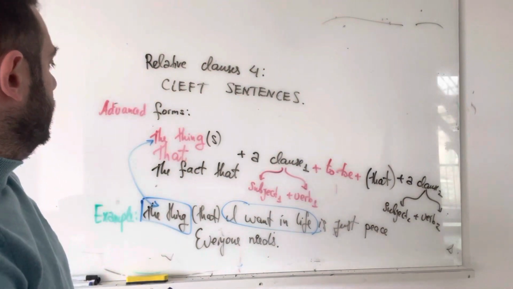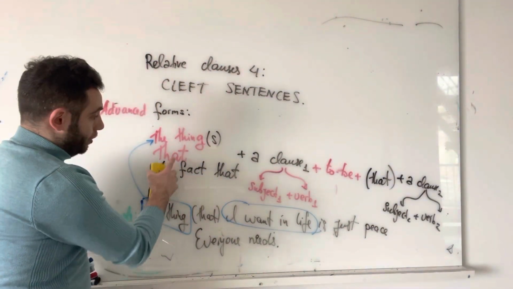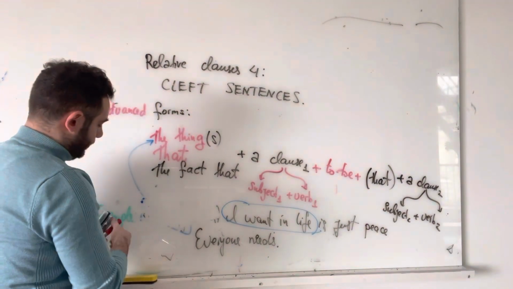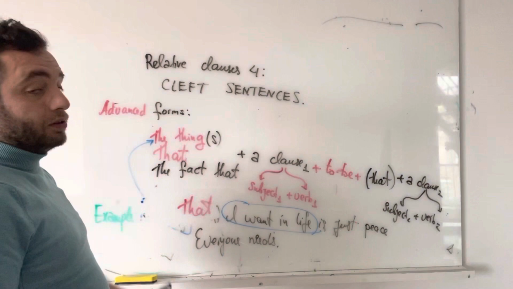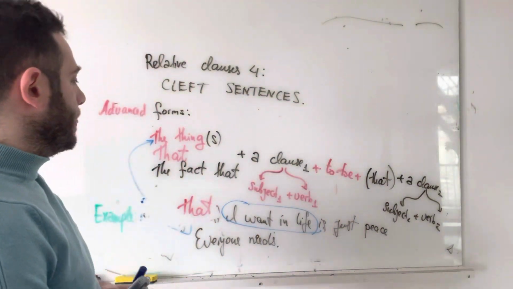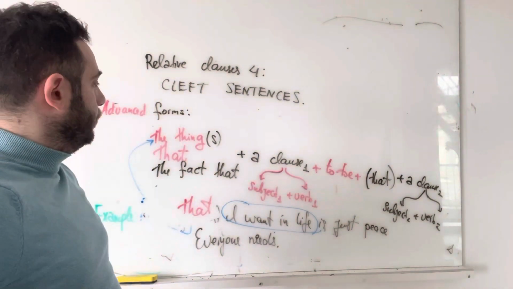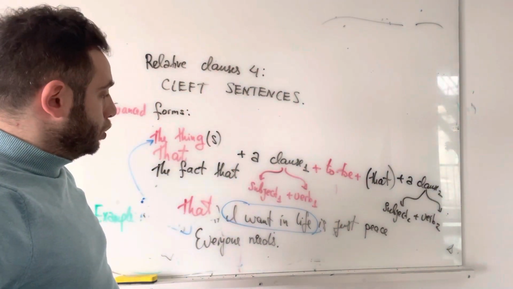So like this, instead of the thing, I can also write just that, at the beginning of the sentence, it's also okay. Or I can write the fact that, it is also okay, no problem. And all these forms, all these phrases are possible to be written here to mean something.